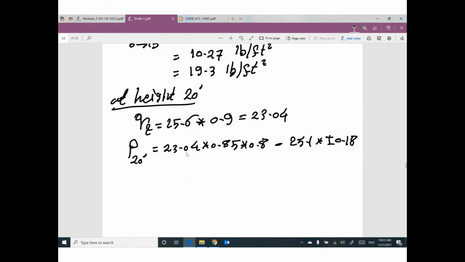We will have two values, one for positive and one for negative: 11.415 pounds per square foot, and 20.18 pounds per square foot.